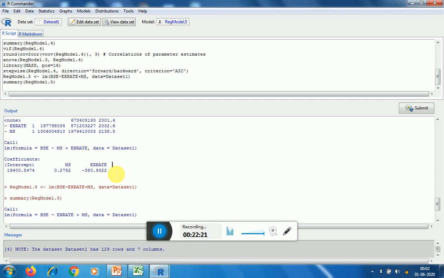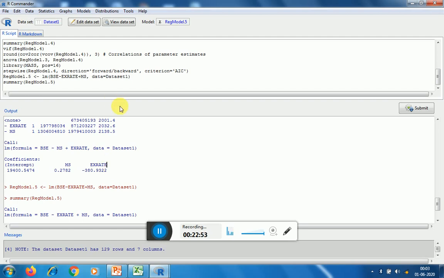Many times it happens that you fit a regression model, a number of variables seem to be significant, all the goodness of fit criteria are fulfilled, but the multicollinearity problem still exists in that model. That is why stepwise regression is considered the most appropriate technique as far as fitting any regression model is concerned.